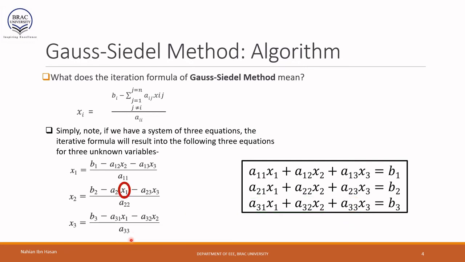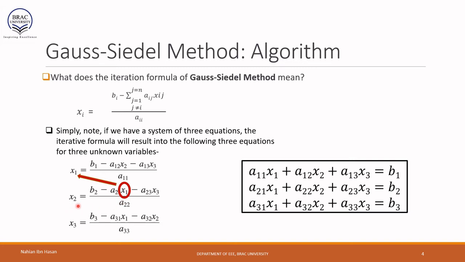One thing to notice here: in the x2 equation we need to use the value x1. So which x1 do we use? This x1 is actually the determined value from the first equation. Using the initial values, we determine x1 from the first equation, and then the determined x1 can be used in the subsequent steps to find the values of the other unknown variables.